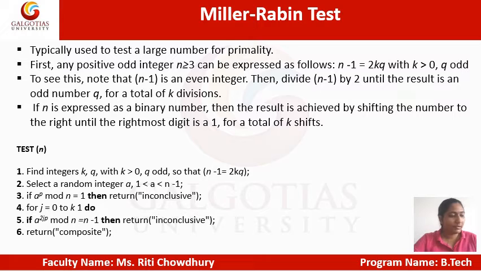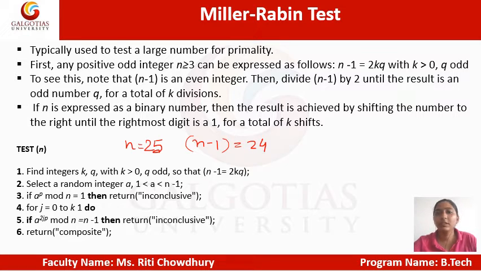Suppose we have any number, say 25, this is odd, and n is equal to 25, so n minus 1 is equal to 24. Can we write 24 in terms of this? See, 24 can be written as 2 into 12, and also we can write 12 as 2 into 4 cross 3.